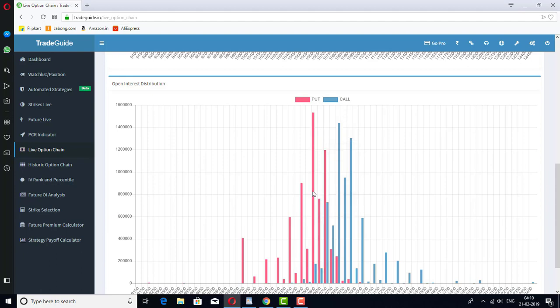So this is how you can easily see the levels of resistance and support available in a bar chart format. So it becomes comparatively simpler. So this is how you find out the resistance and support for any stock or any index.